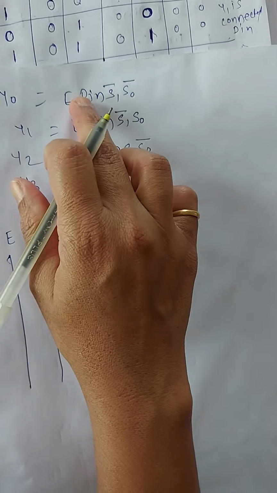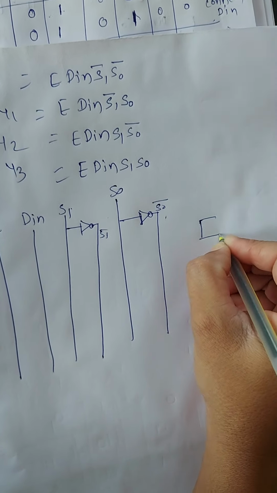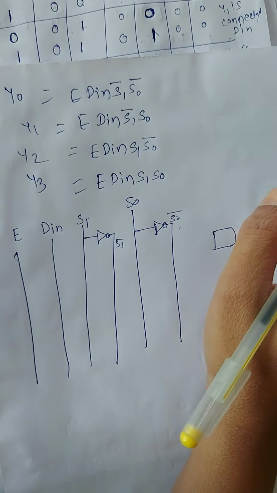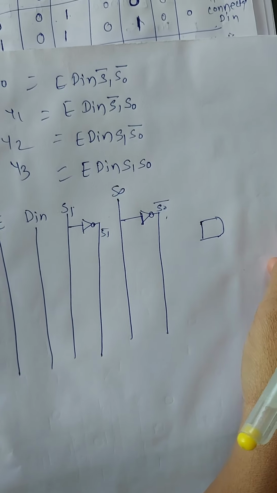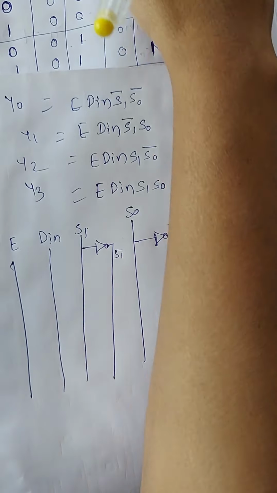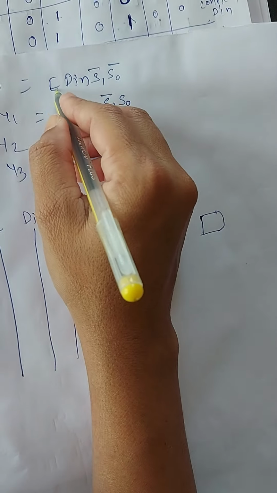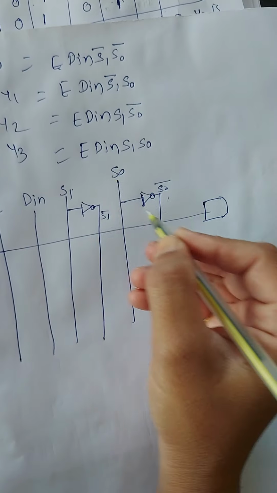E, this is Y0. These are separate equations; in a demultiplexer you do not add them all together with an OR gate. Here there is one input and many different outputs, so 4 AND gates are required. This equation is E, so we connect E here.